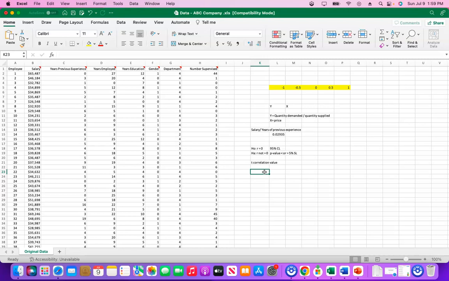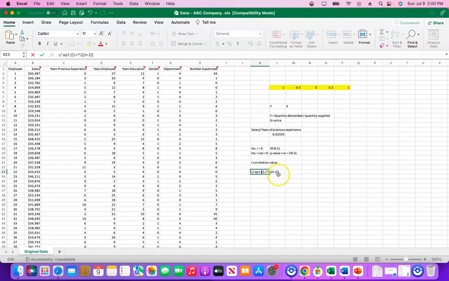The formula is r divided by the square root of 1 minus r squared, and this value divided by n minus 2. So let me close the bracket here, put 2 brackets, and here we put another bracket. So it is r divided by the square root of 1 minus r squared divided by n minus 2.